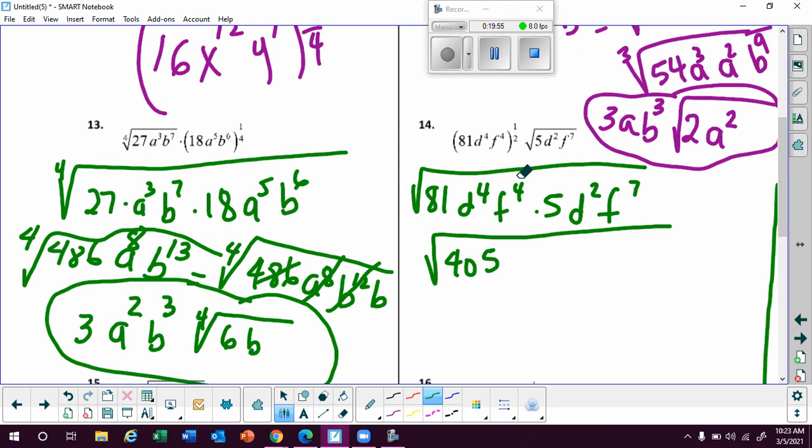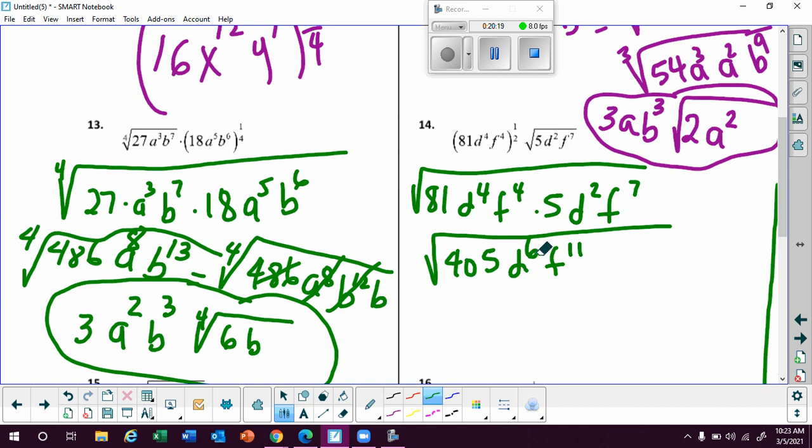d to the 4th times d squared, you're adding the exponents, 4 plus 2 is 6, d to the 6th. f to the 4th, f to the 7th, adding the exponents, f to the power of 11. But it's just the square root, so I want things to be divisible by 2.